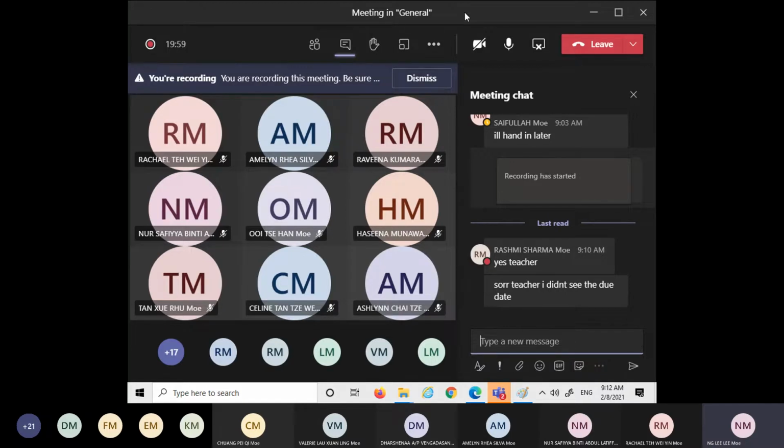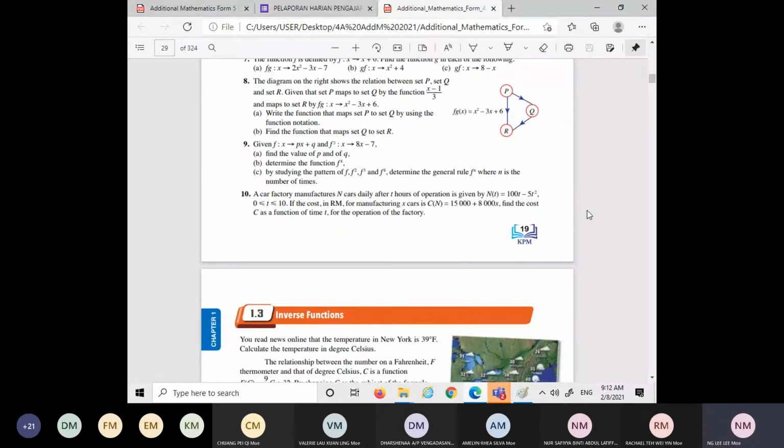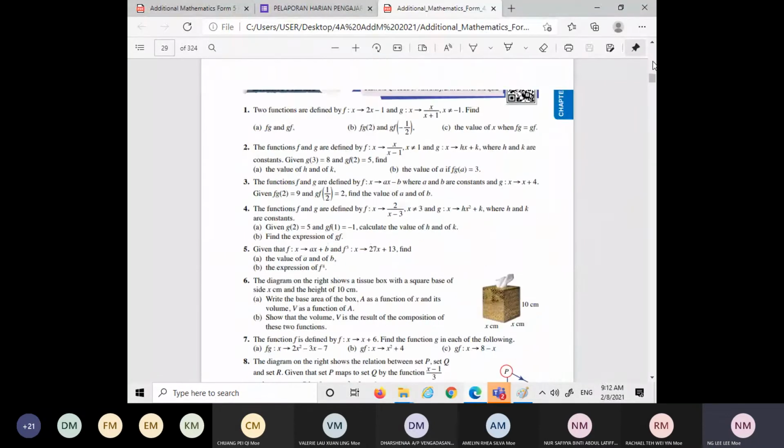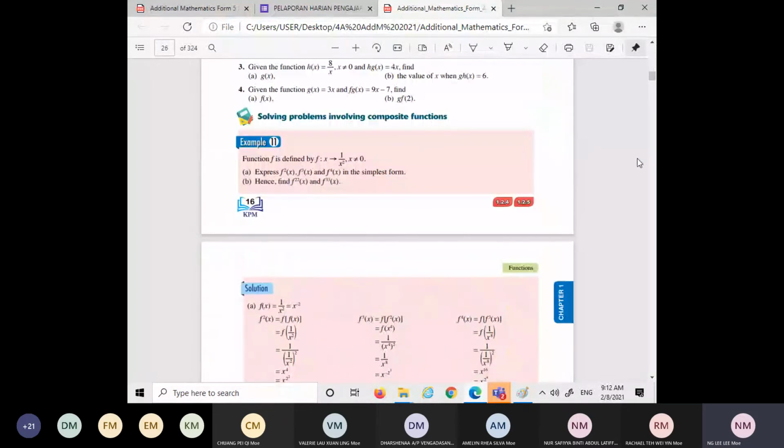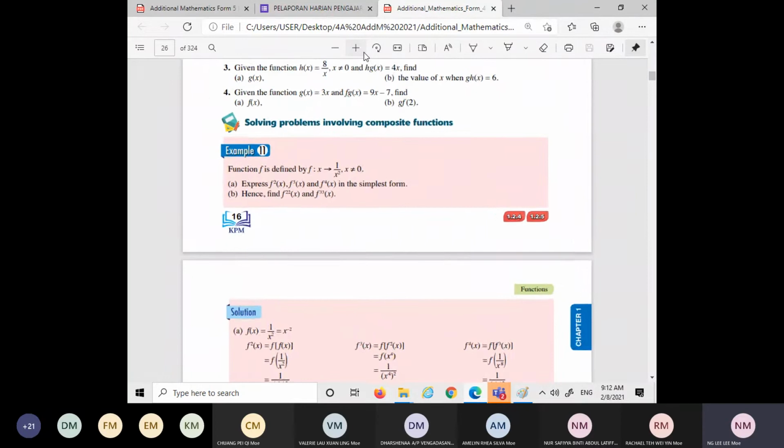So we continue today's lesson. If you have a textbook, we look at page 16. We continue in the same book, MX1.